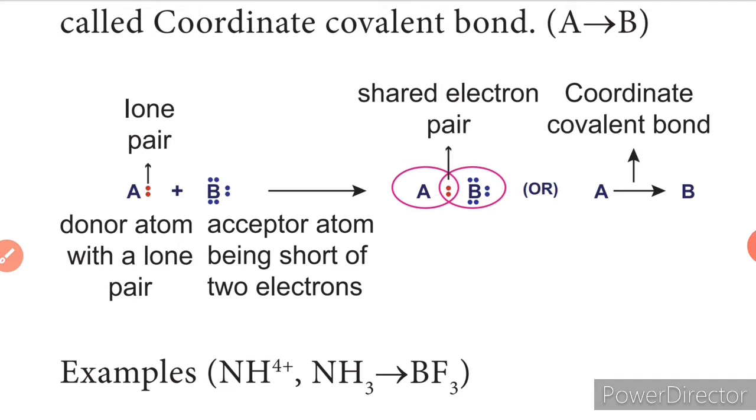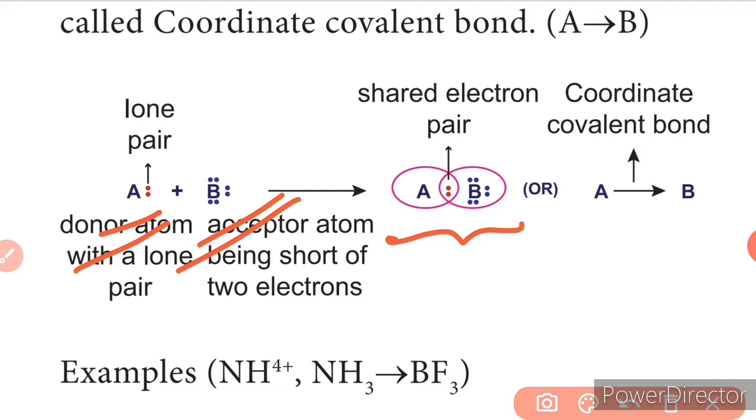Now, see an example. Look into the screen, children. Here you can see an example where you have an atom A with a lone pair of electrons and atom B which is short of electrons, which needs electrons to have a stable electronic configuration. Atom A consists of the lone pair of electrons. Now, here the sharing of electrons takes place. That is, the covalent bond is formed between A and B. How is the covalent bond formed?